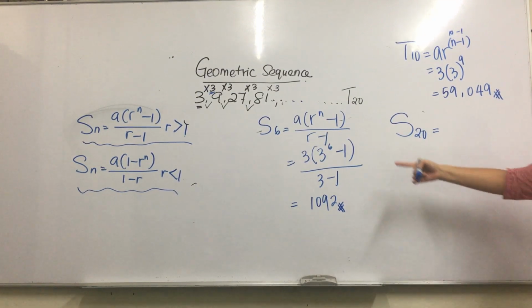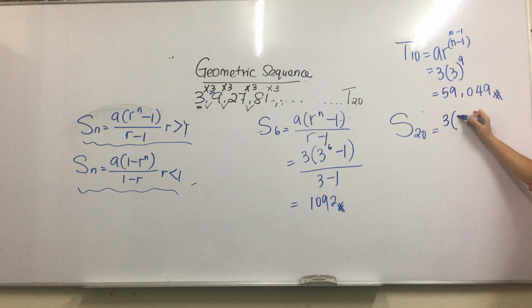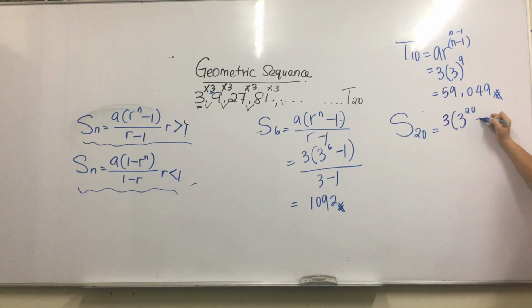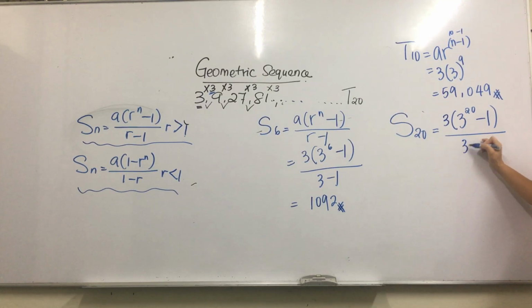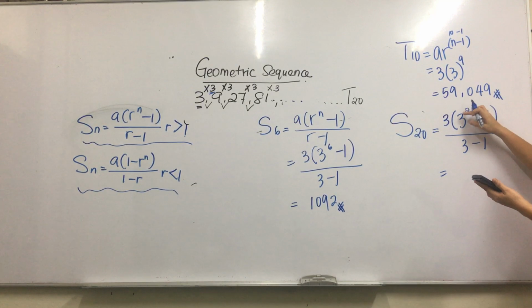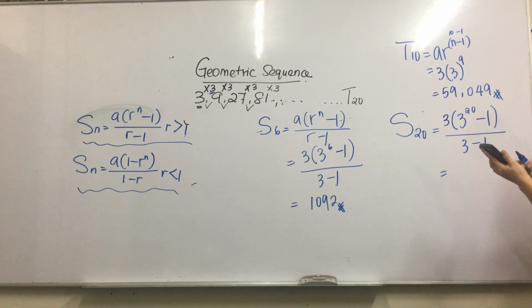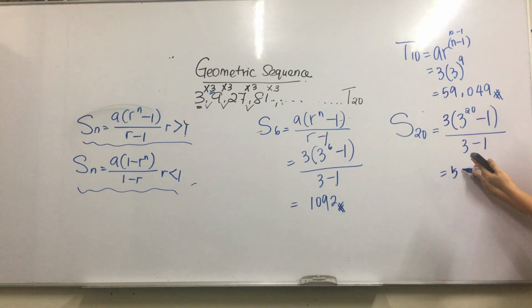The same thing here, A is 3, 20 minus 1, 3 minus 1. Do whatever power first and the brackets first. 3 power of 20 minus 1 times 3 divided by 2. This is your answer. Very huge answer.